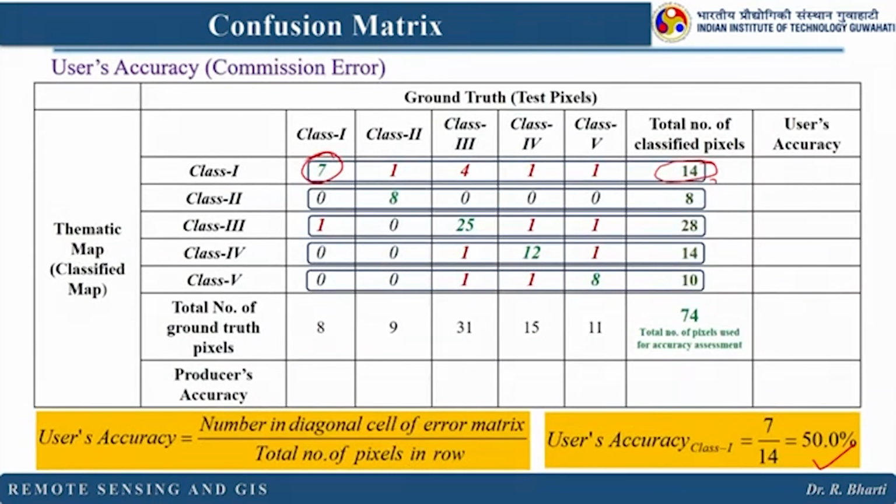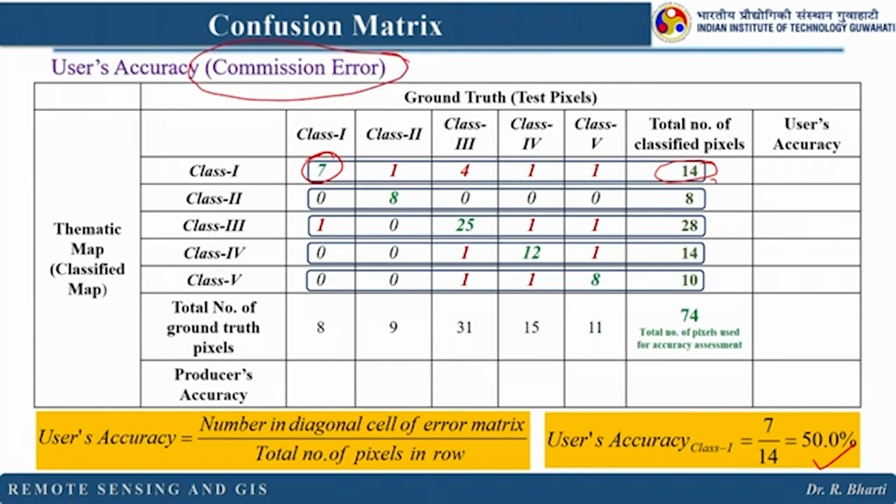Now you can compare these two. For a producer, it will be more, not always, but in general it is more, right? Because I am producing a result, so I will say my results are more accurate, but for a user it may be less. So here we basically want to highlight the commission error.